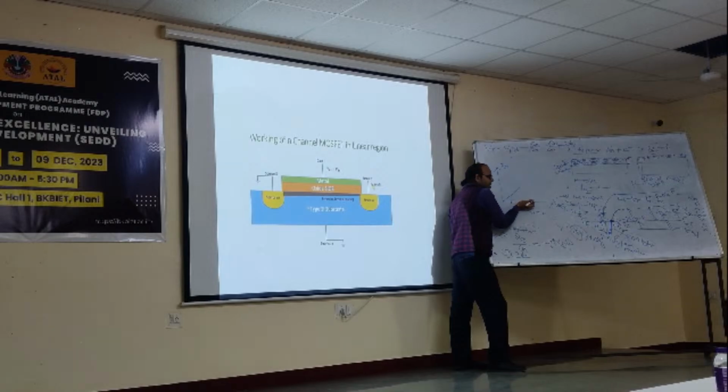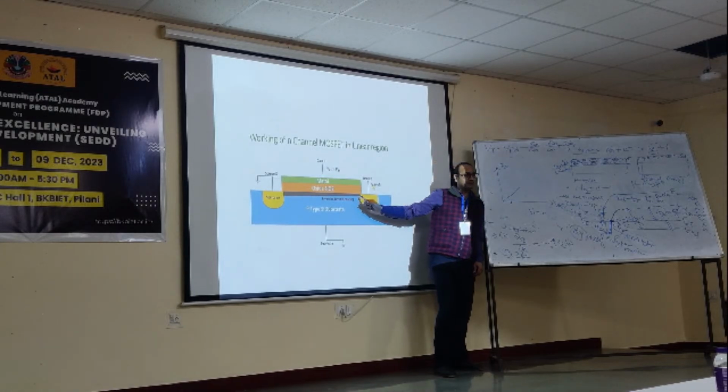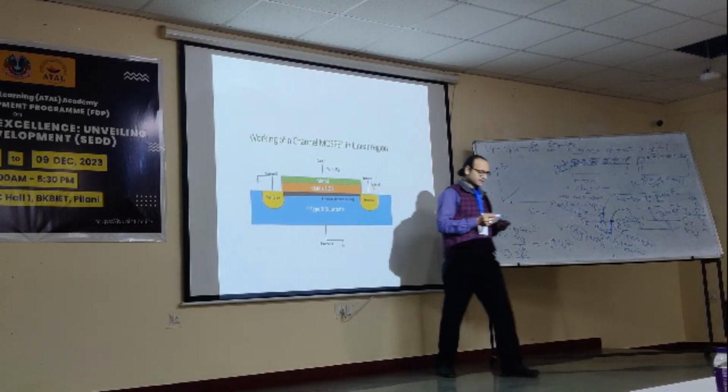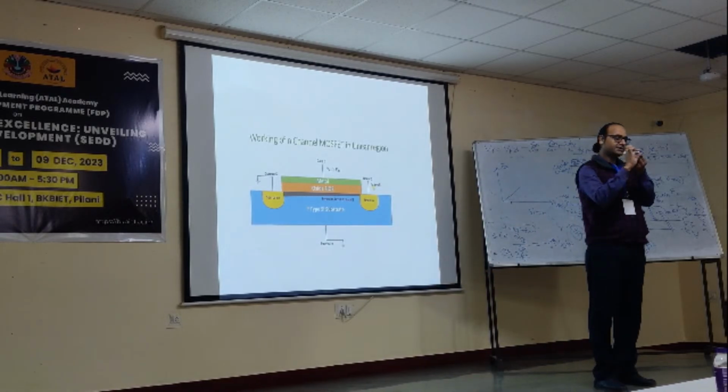And if we further increase it, what will happen? As we can see, at this end more electrons will get drained off, right? It is just like a water pipe that is thicker from here and thinner at this end.